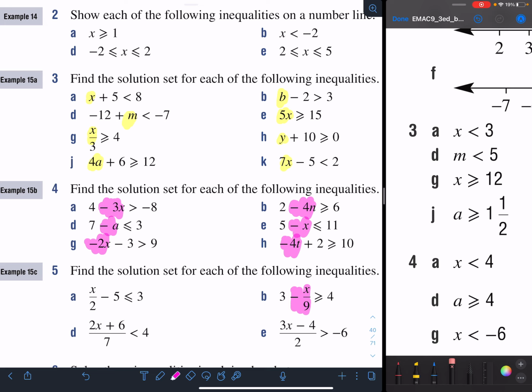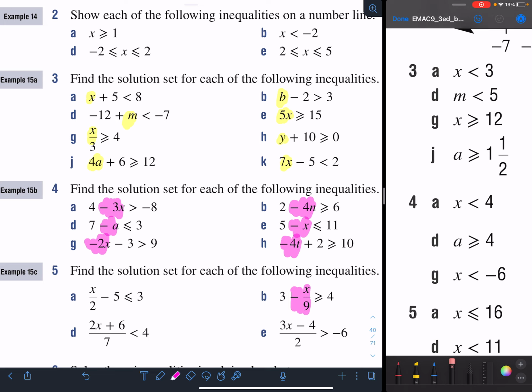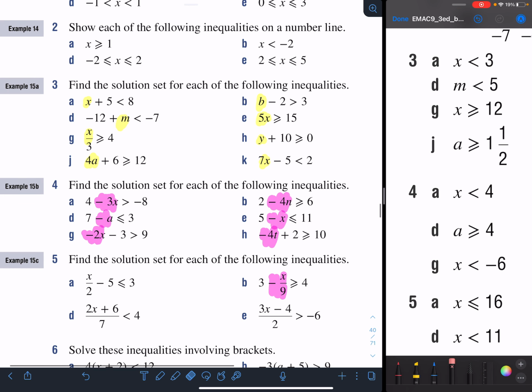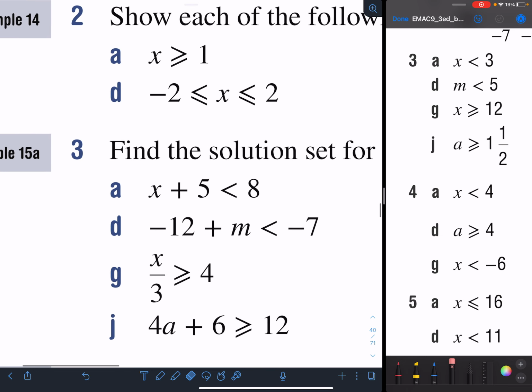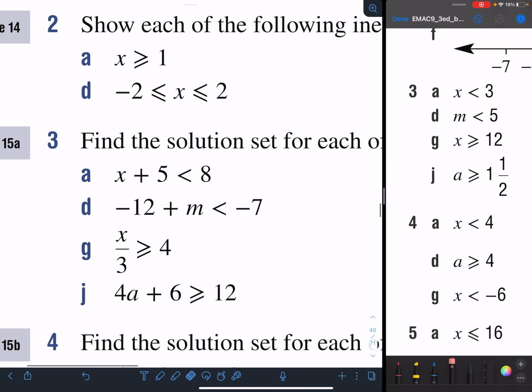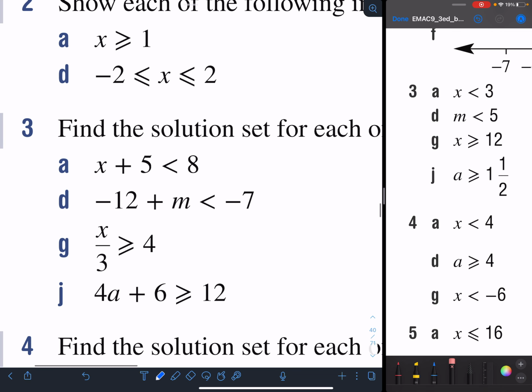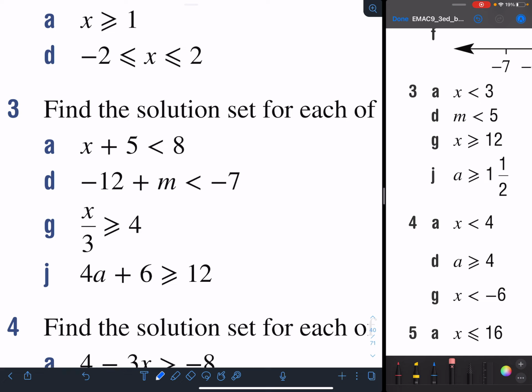We've got the answers on the right and the questions on the left, and we'll work through the questions and compare them with the answers. We're going to start with question 3. In 3a, we want to remove the 5 from the left-hand side of the inequality, so we need to do an inverse operation.